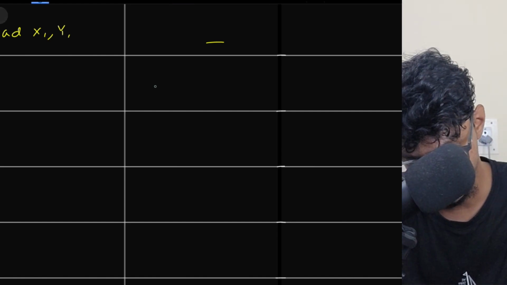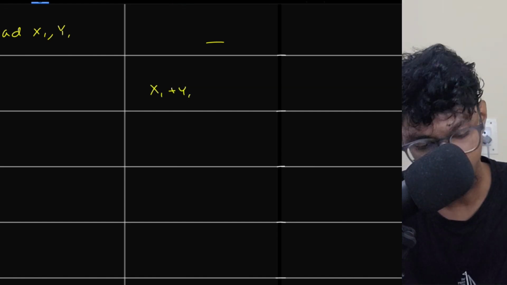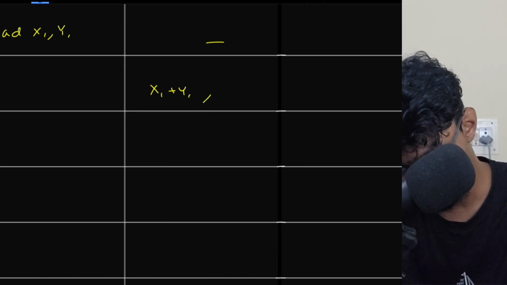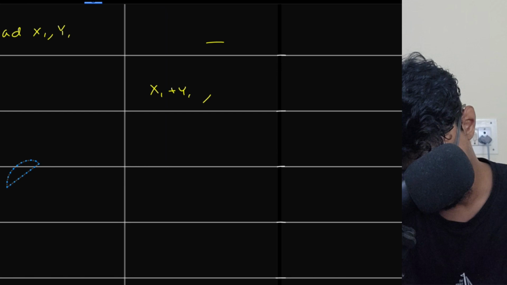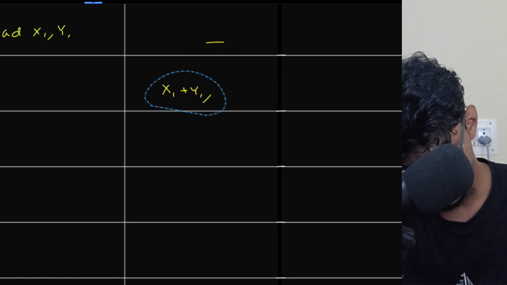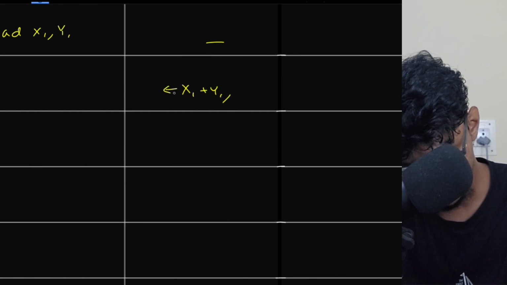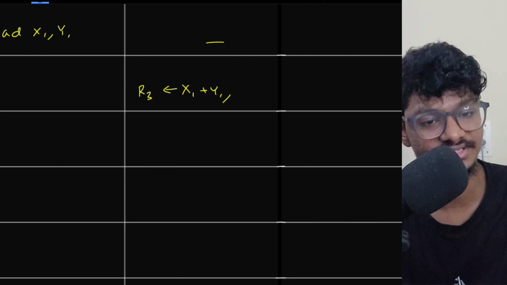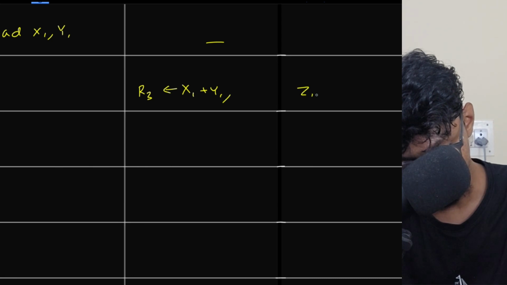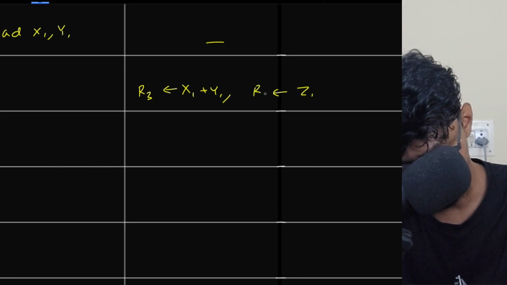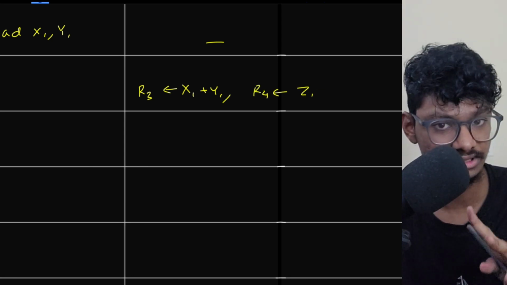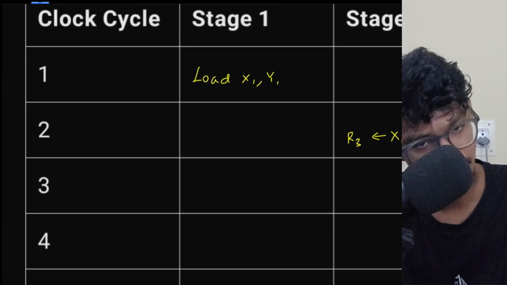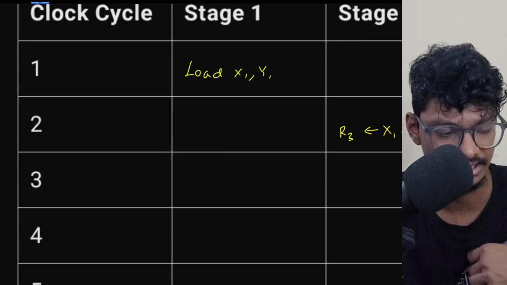The task of stage 2 is adding x1 plus y1 and loading this value in R3, and also loading the value of z1 in register R4. This is the task of stage 2 in this clock cycle. Here t equals clock cycle 1 second, 2 seconds; each cycle takes 1 second, you can assume.